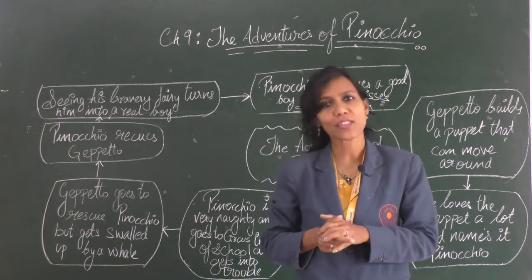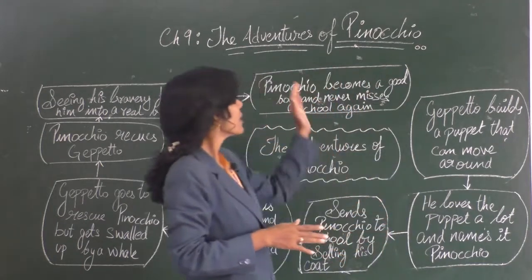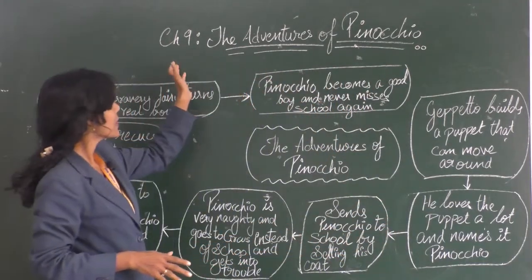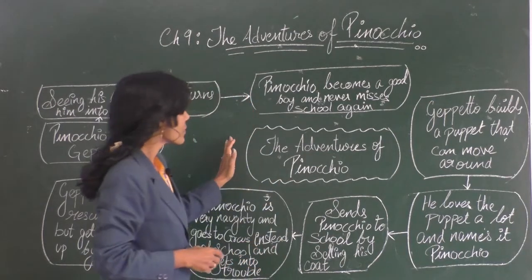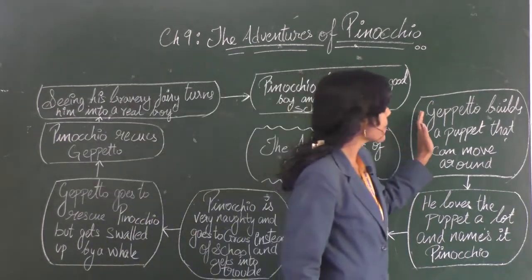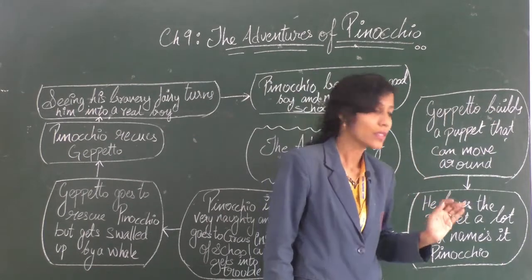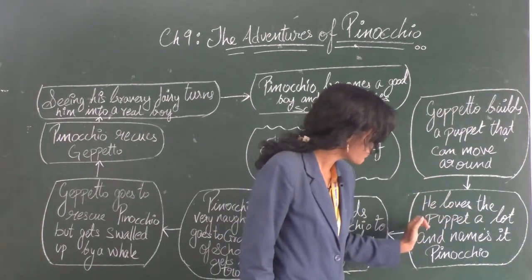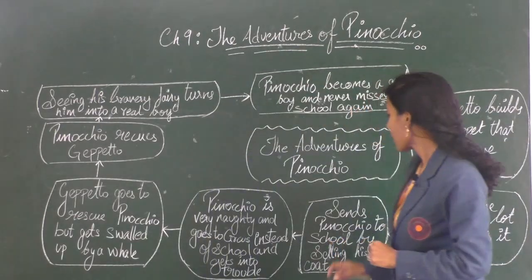Now before we start our chapter, let's do the mind map. So here, chapter 9, The Adventure of Pinocchio. Here, Geppetto builds a puppet that can move around. Next, he loves the puppet a lot and names him Pinocchio.